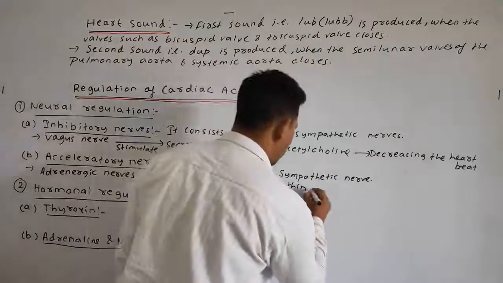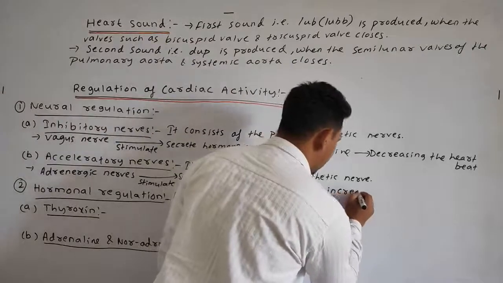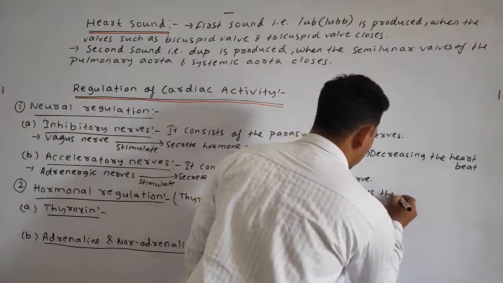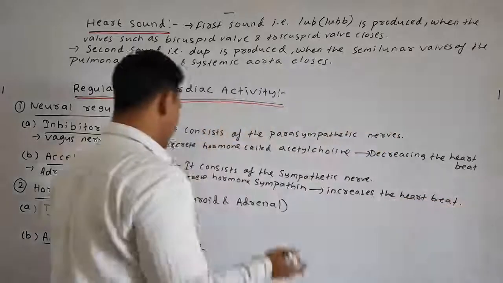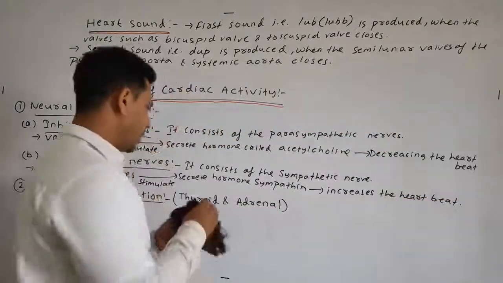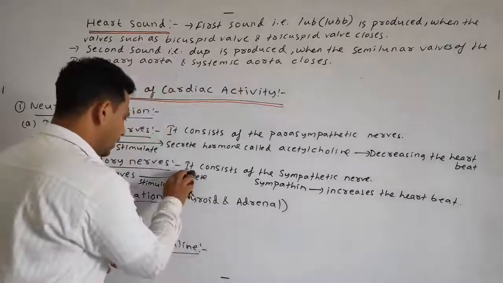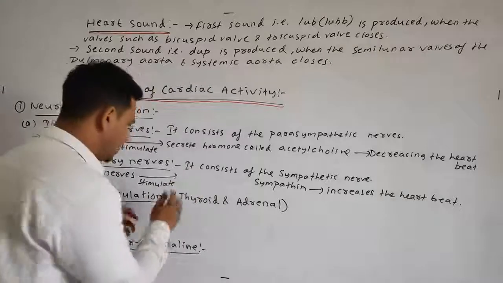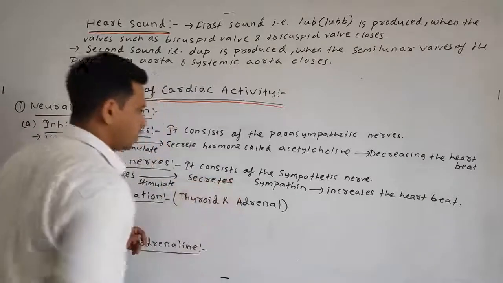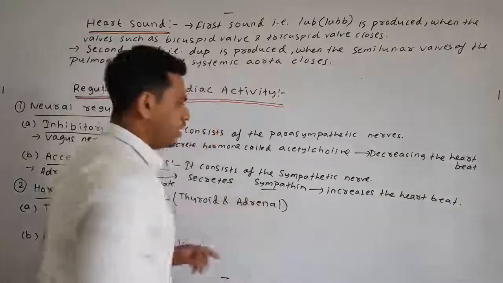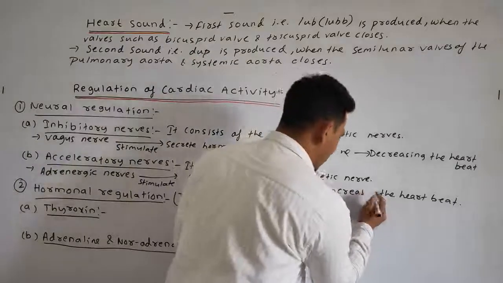What does the sympathin do? It increases the heartbeat. Simply write that it secretes sympathin, which helps in increasing the heartbeat. Don't write too much, just remember it secretes sympathin, or we can say it increases the heartbeat.